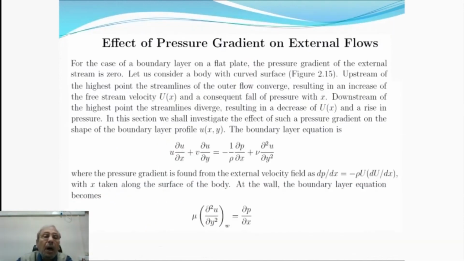Now, for the case of a boundary layer on a flat plate, all of us know the pressure gradient of the external stream is 0.